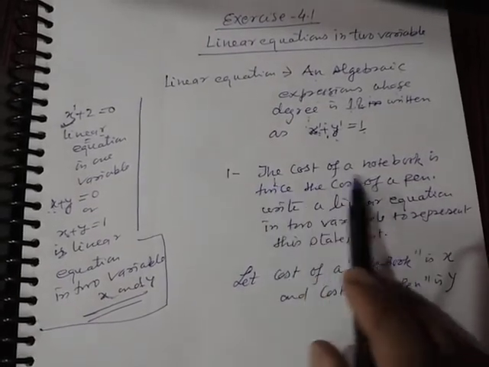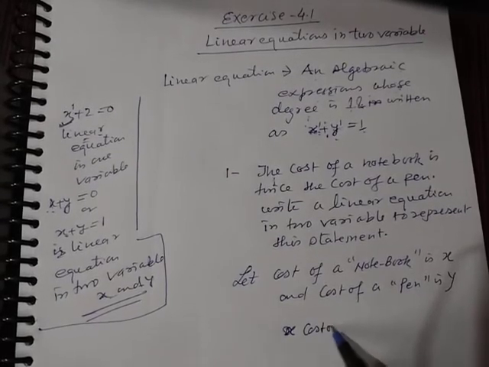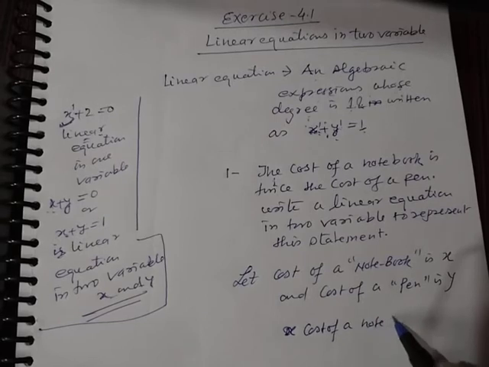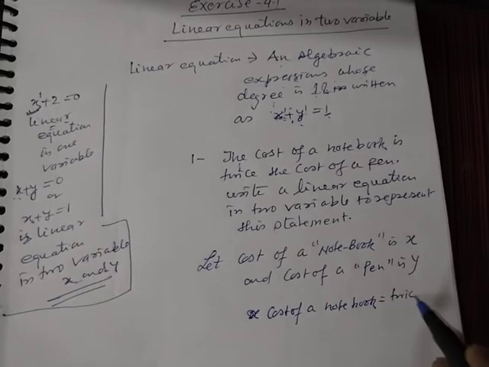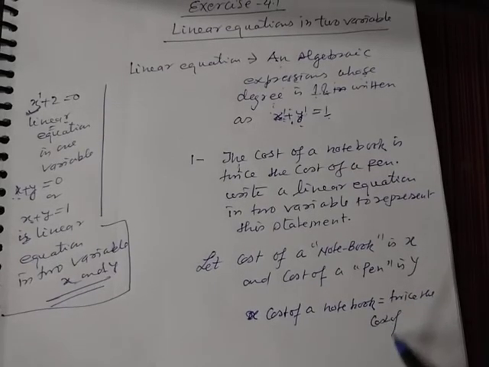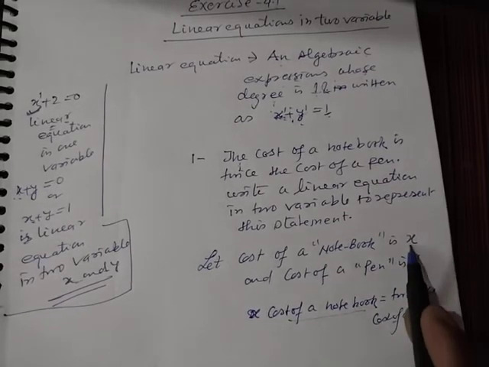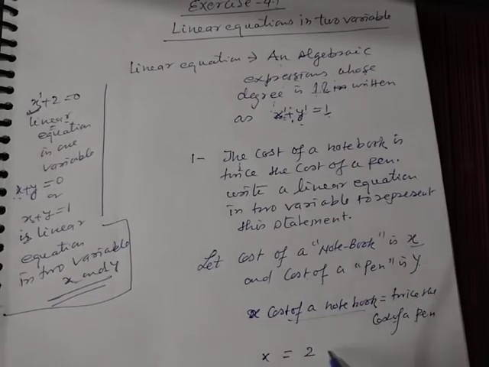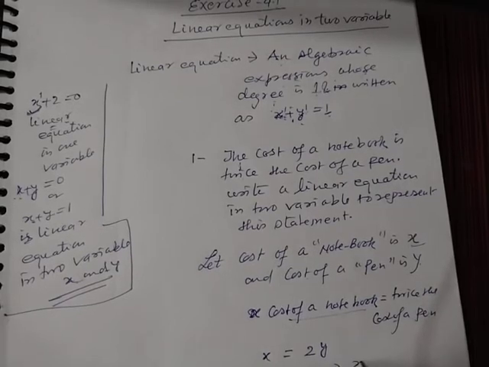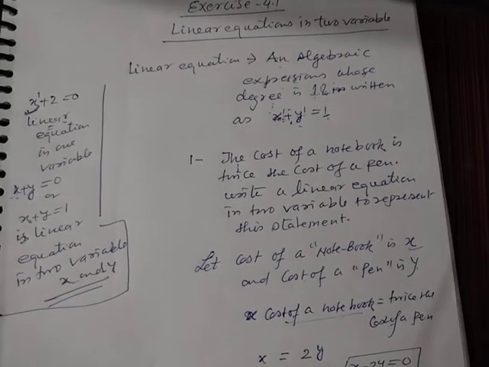So according to the question, the cost of a notebook equals twice the cost of a pen. You put here cost of a notebook x equal to twice the cost of a pen, which is y. So x is equal to 2y. This implies x minus 2y is equal to 0. That is a linear equation.